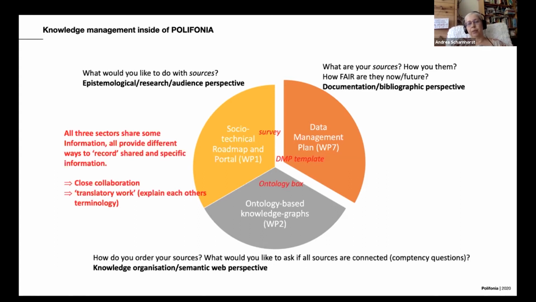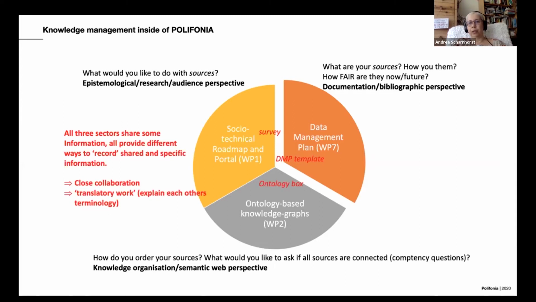The experience from Polyfonia so far, being 9 months now into the project, is that we also changed the methods according to the course of interaction. And I think it's very important to make explicit and to reflect about the different perspectives, which also come with a flavor and a genre and a style of writing.